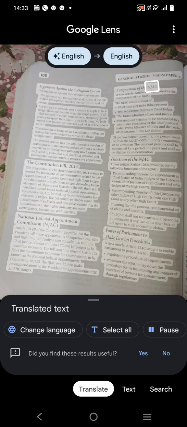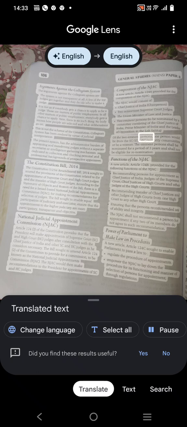Composition of the NJAC. A new article, Article 124A, provided for the composition of the NJAC. The NJAC would consist of: the Chief Justice of India, Chairperson; the 2 senior-most Supreme Court judges; the Union Minister of Law and Justice; and 2 eminent persons, to be nominated by a committee consisting of the Chief Justice of India, the Prime Minister of India and the Leader of Opposition in the Lok Sabha.